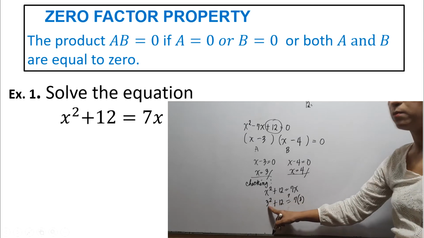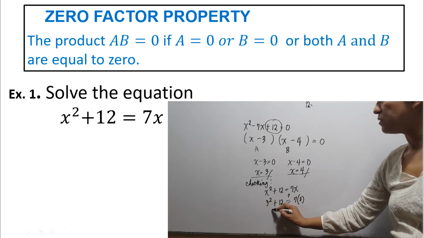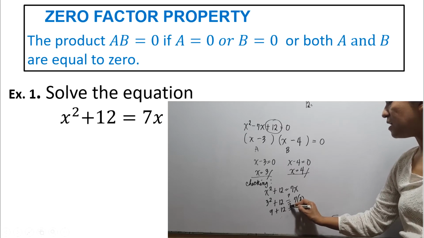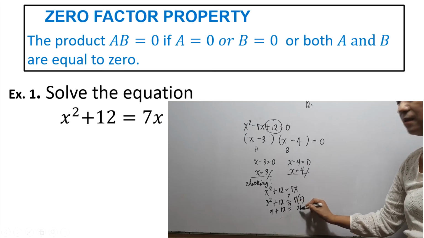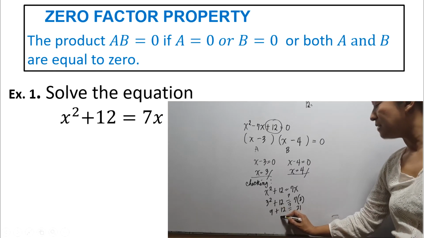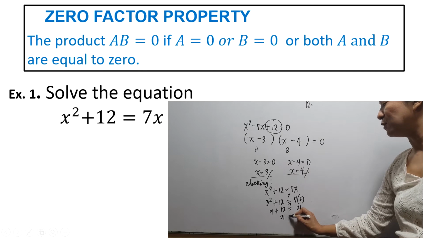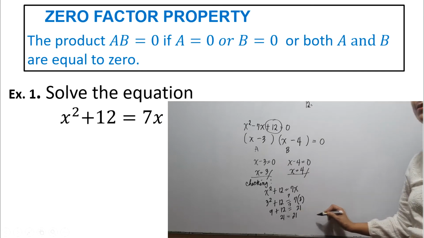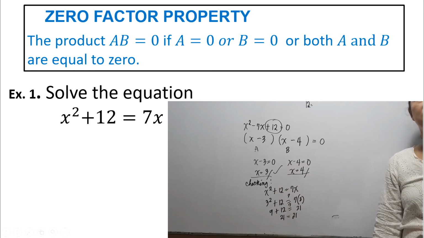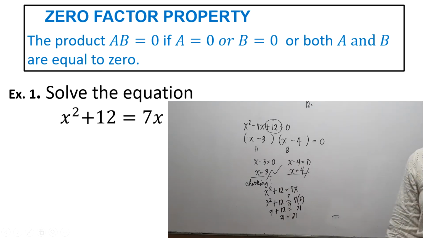What is 3 squared equal to? 3 squared is 9 plus 12. Is that equal to 21? What is 9 plus 12? 9 plus 12 is? Alright, 21. So 21 is equal to 21. So, tama yung una nating solution or yung una nating root.